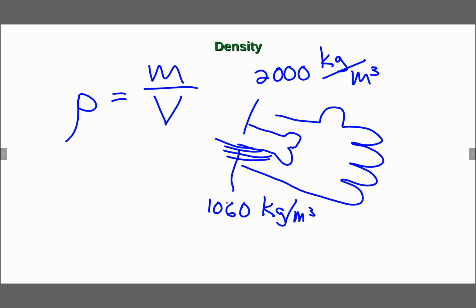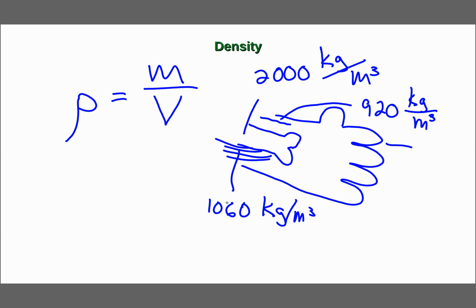But then there's some body fat in there, and the body fat has a density of something more like 920 kilograms per meter cubed. And then there's blood, and blood has a density just a little bit higher than water. So for an object like your body, with this varying density inside of the volume, the volume is well defined.